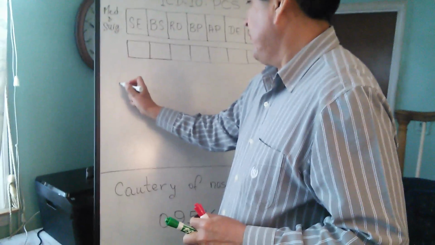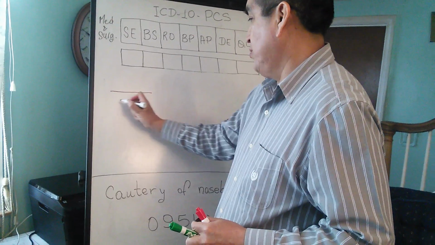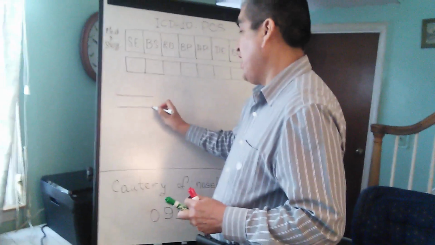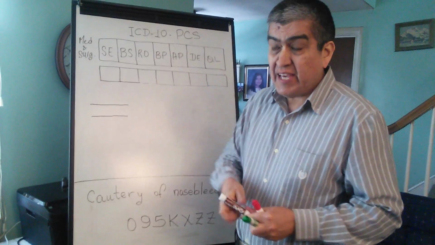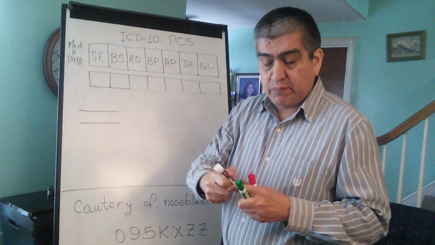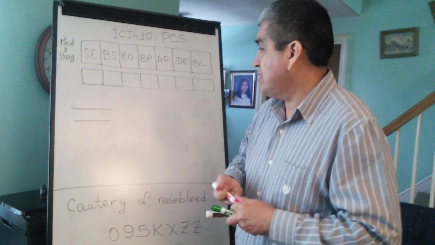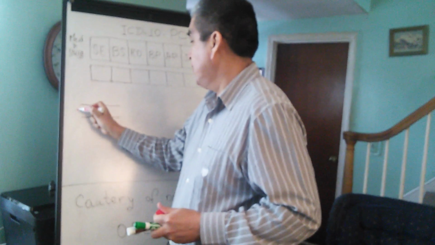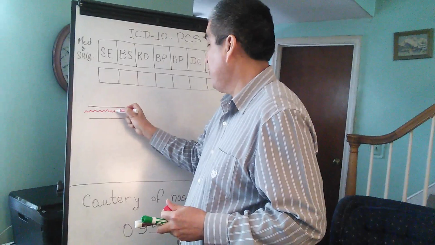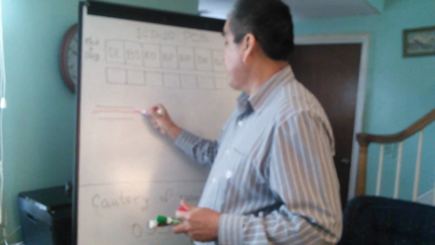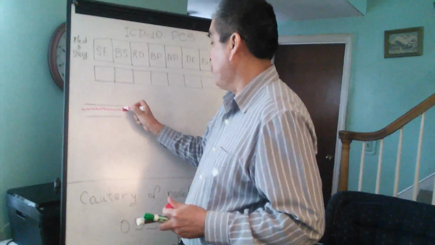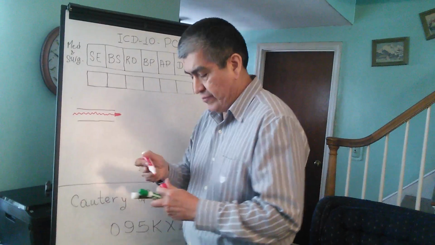I'm going to use little colors here. This is a vein in the nose, a vein or an artery. It means a tube where the blood flows. So this is the blood that is flowing. This is a regular vein or artery where the blood is flowing.